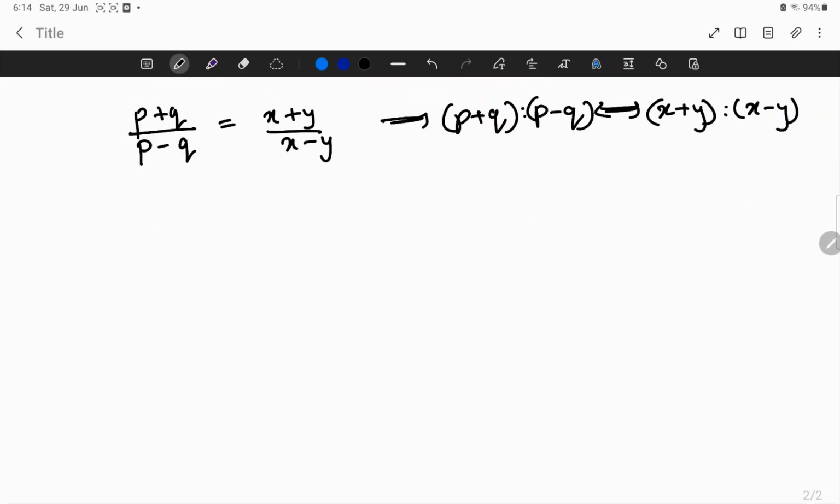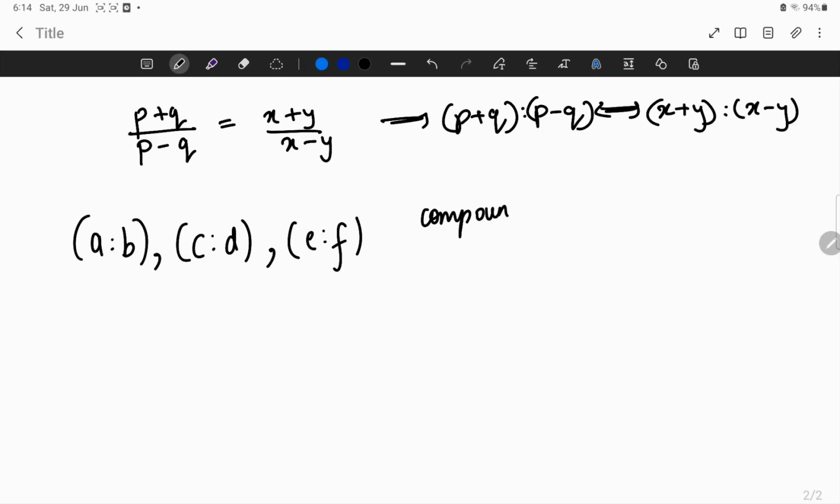Also, one last concept: the compounded ratio. If you have a is to b, c is to d, and e is to f, then the compounded ratio would be ace is to bdf, where all of these terms are multiplied to each other.